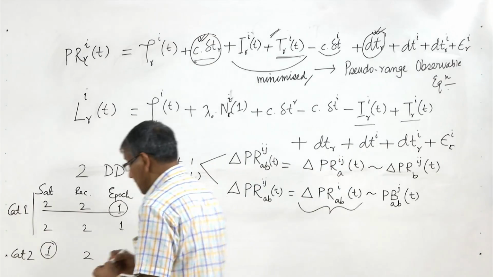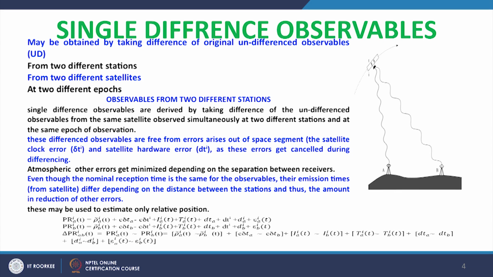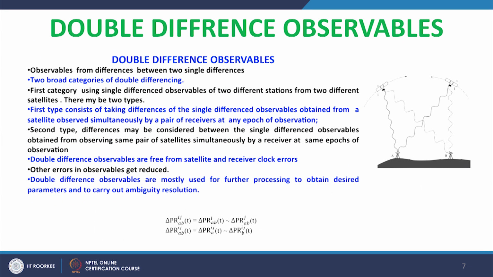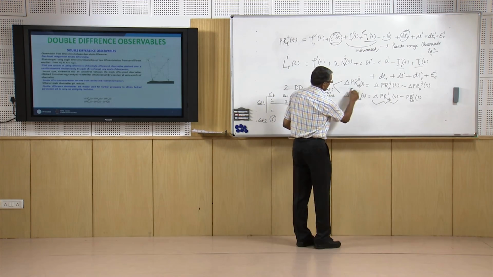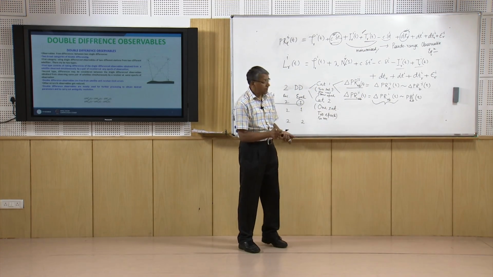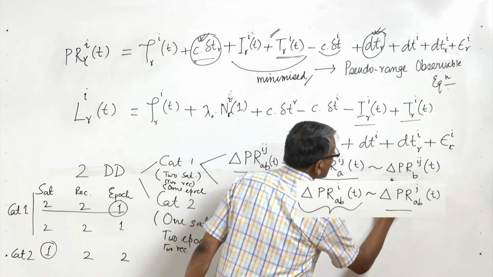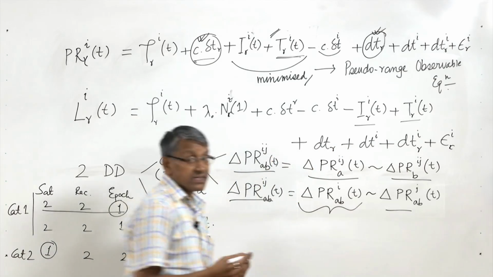This is the single difference variety. We have seen the single difference where we take the signal coming from a single satellite to the receivers, and here we take another satellite, satellite J. Apparently it looks like both are the same, but it is not, because you will see the implications are different.